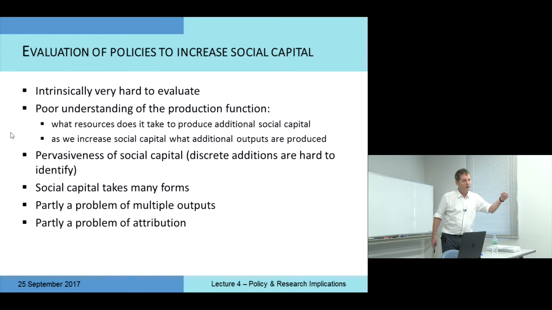Now that has received rather little attention. A lot of the effort has gone into measuring social capital, measuring health and saying, oh, they're associated. But how do we produce social capital? And then the second one, as we increase social capital, what additional outputs are produced? What are the changes in health that are produced? And it's that information, the understanding of the production function, without that, it becomes so difficult to evaluate policies to increase social capital.